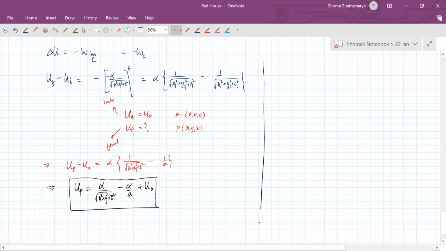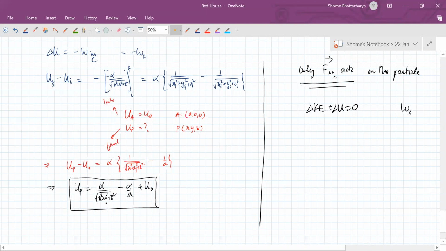Okay, and then we can in general say that only internal conservative force is acting on the particle. So mechanical energy, I mean, change in kinetic energy plus change in potential energy should be zero, because work done by external force is not there, work done by non-conservative force is not there. So we have this.